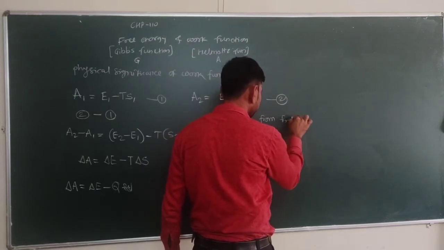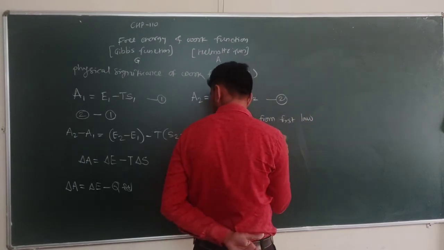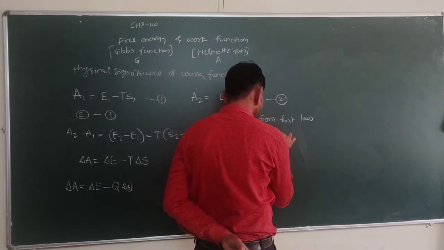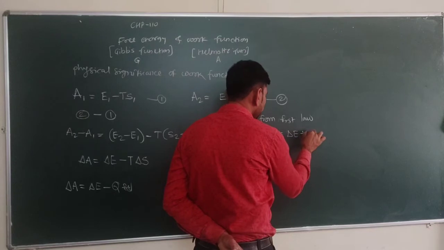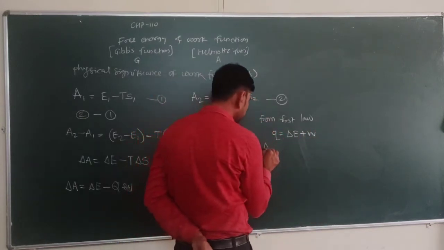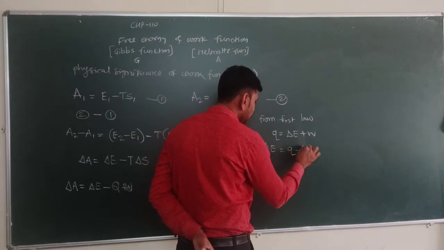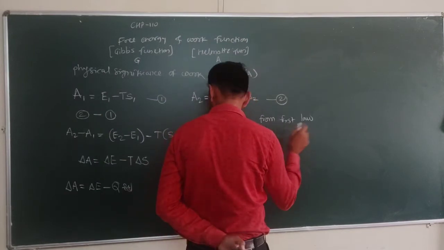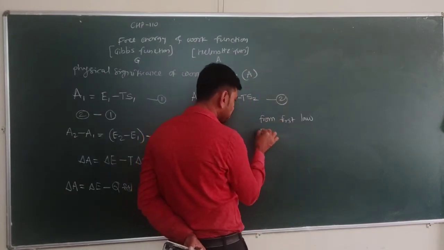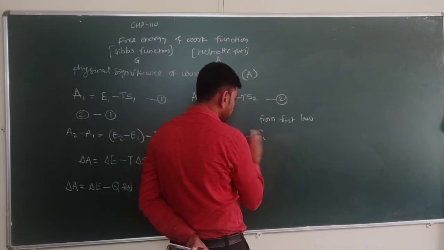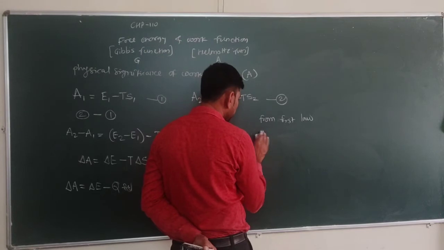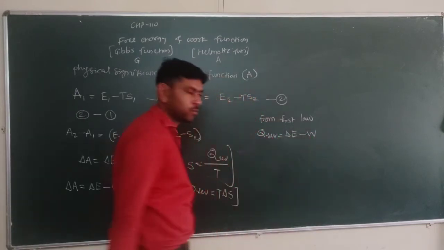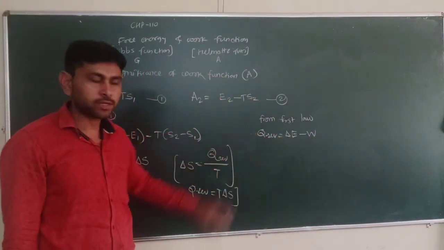From the first law, the mathematical expression says that Q is equal to delta E plus W, or in another form we can write delta E is equal to Q minus W. Now from the first law mathematical expression, Q reversible is equal to delta E plus W. So this is the mathematical form of the first law of thermodynamics.